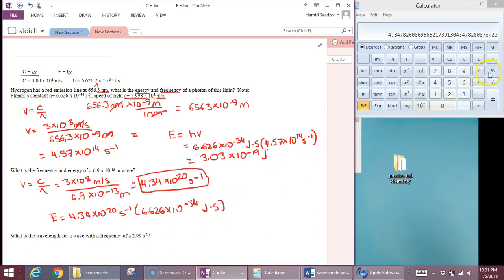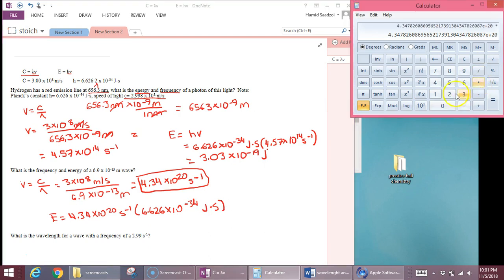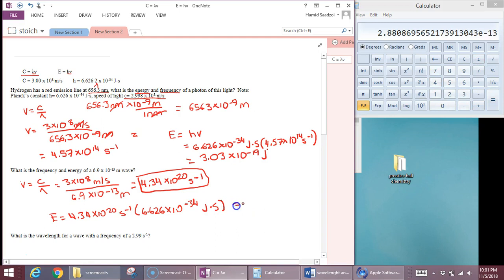So we're going to go back up here, just press the multiply button and go 6.626 exponent again, negative 34, and there's our answer, which turns out to be 2.88 times 10 to the negative 13 joules.